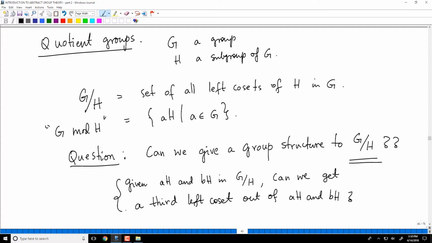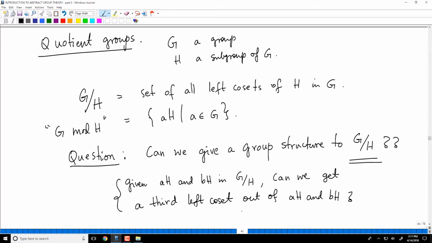So the question is, can we give a group structure to G mod H? In order to do that, first we want to define a binary operation on G mod H, so that when you apply it to two cosets aH and bH, we get a third coset. We want to do this in general. Now a specific example you may be able to do, but the hope is that we should be able to do this in general.